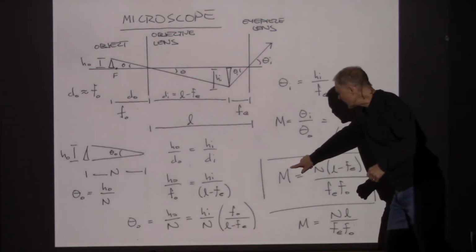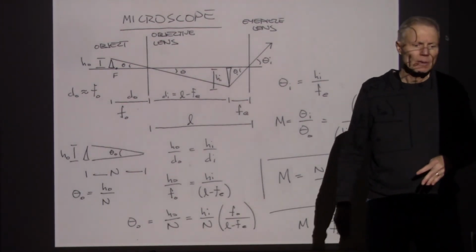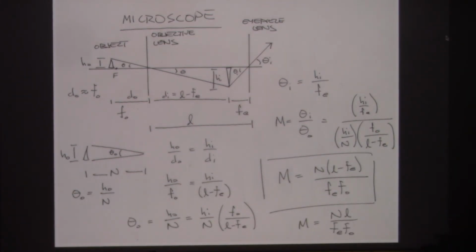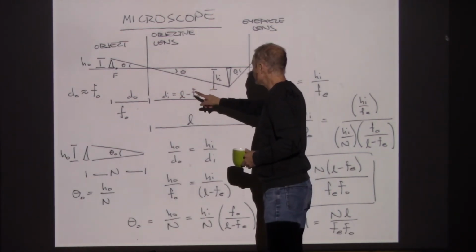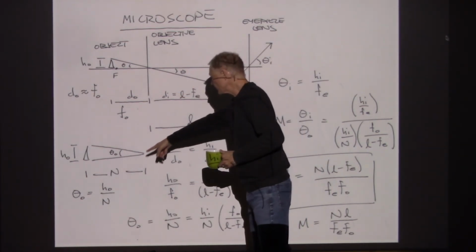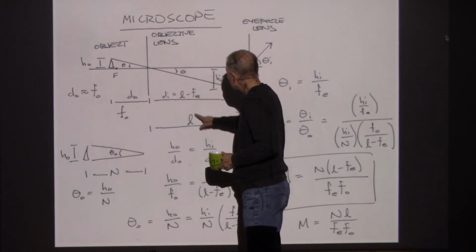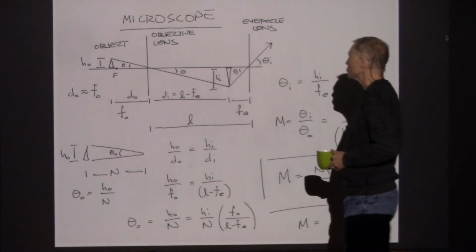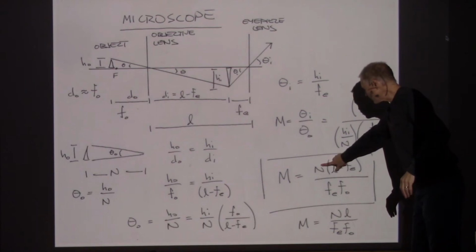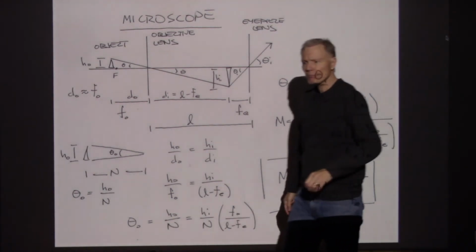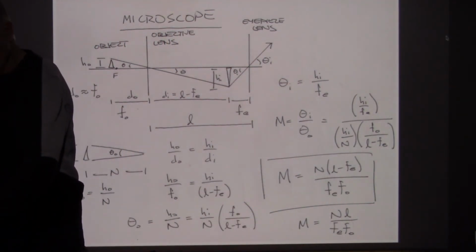And what we've done is we now have the angular magnification given entirely in terms of the focal lengths of the two lenses, the standard near point, 25 centimeters, and the length between the two. So I need to know the size of the microscope, I need to know the two focal lengths, and then I can plug in the standard 25 centimeters, and that gives us the value.